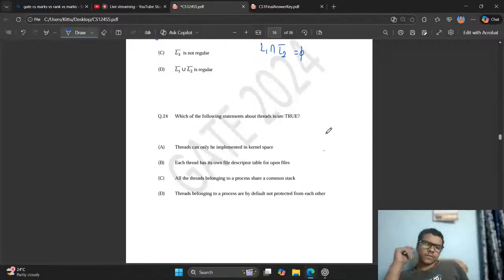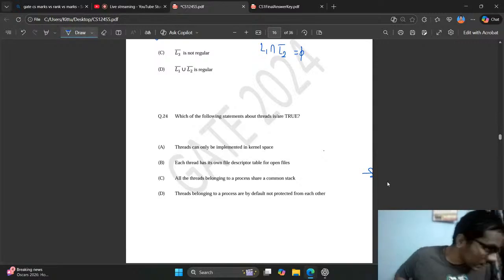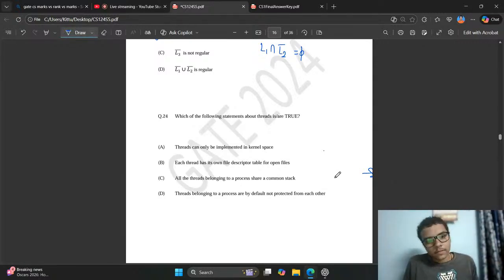Threads can only be implemented in kernel space. File descriptor label. What the heck about this? Wow. Thread is a program in execution.